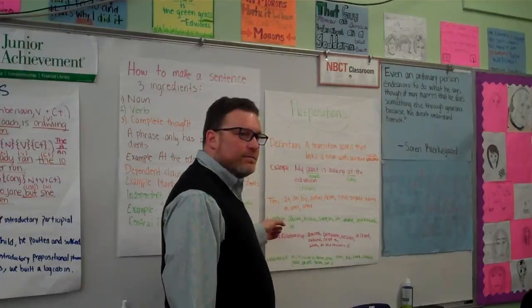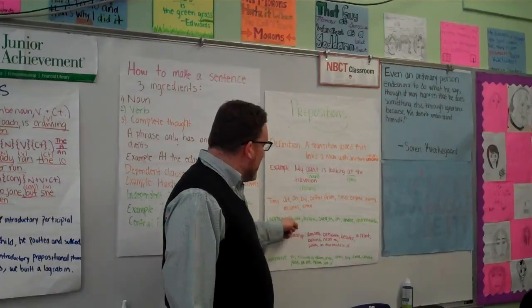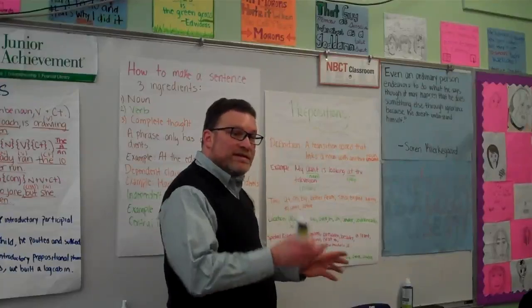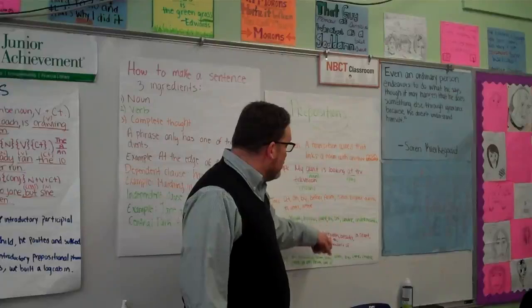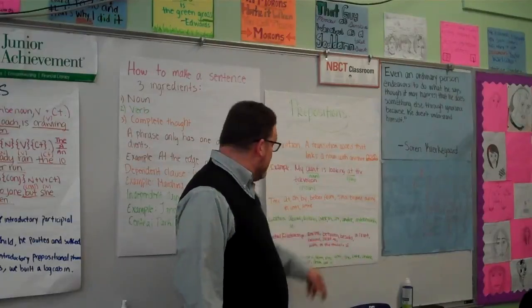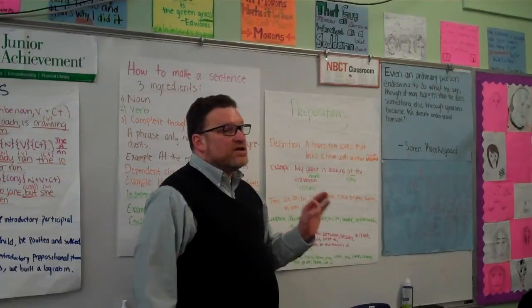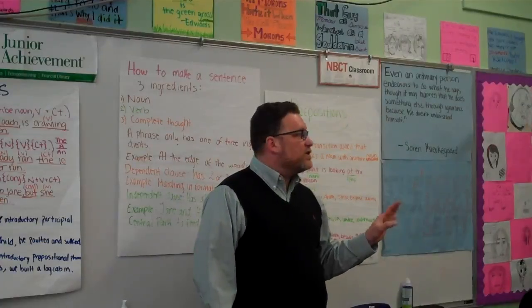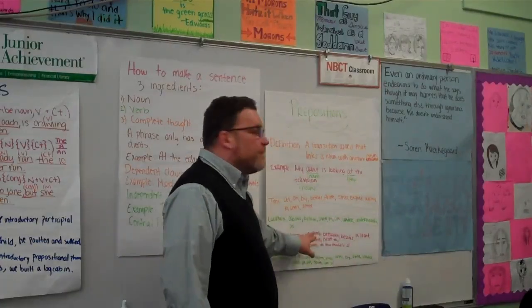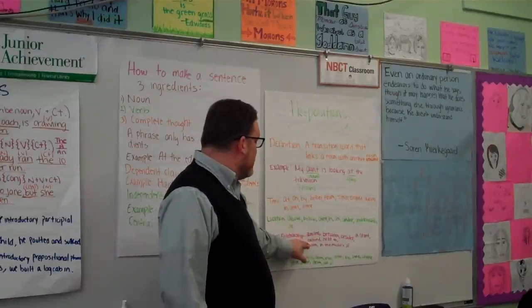Look at location. Above the desk. That's location. Where is it? Below the shelf. Over the rainbow. In the library. Next, prepositions also show relationships. The relationships are usually between people.